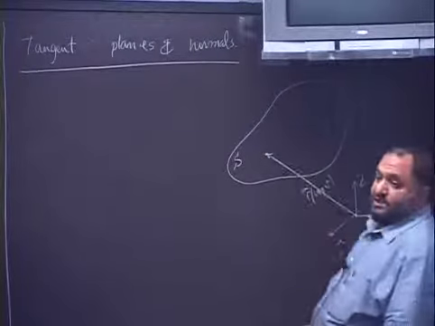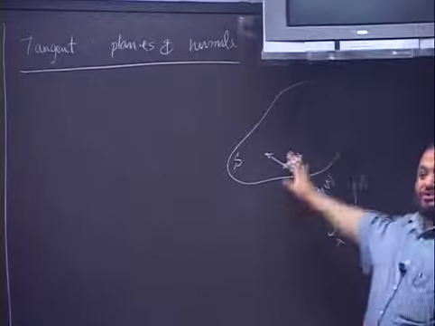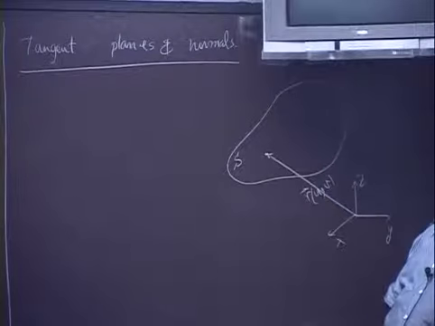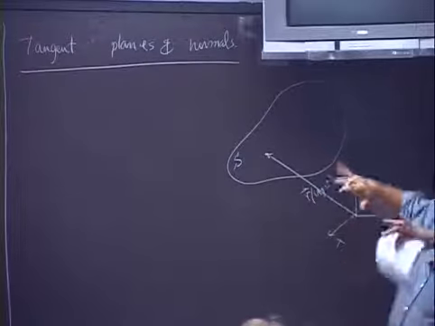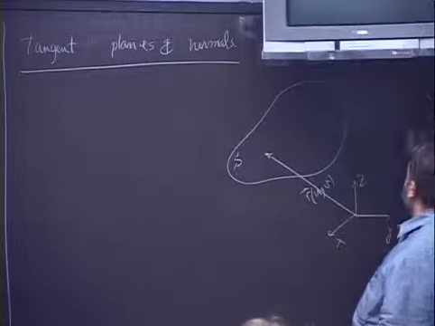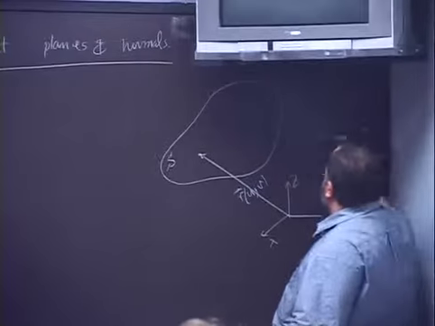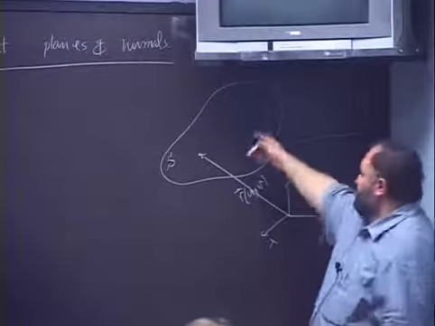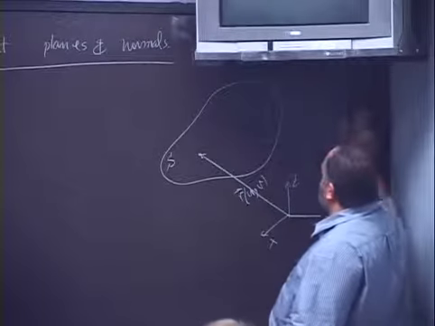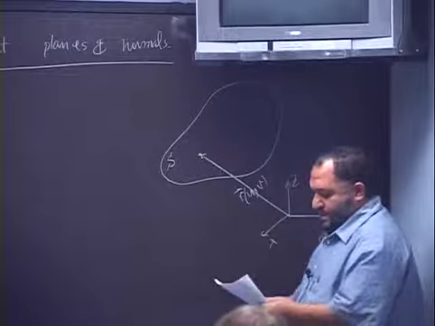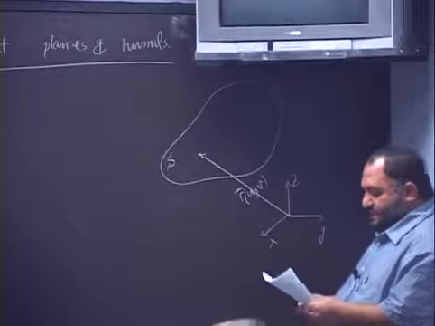Any point here on the surface, and this is a 3-dimensional surface, so do not take it as 2-dimensional like what you see here on the blackboard. Imagine this is like a saddle. Do you know the saddle? A horse saddle? Something like this, but in 3-dimensional space. So any point on this surface will be represented parametrically with u and v in this case.